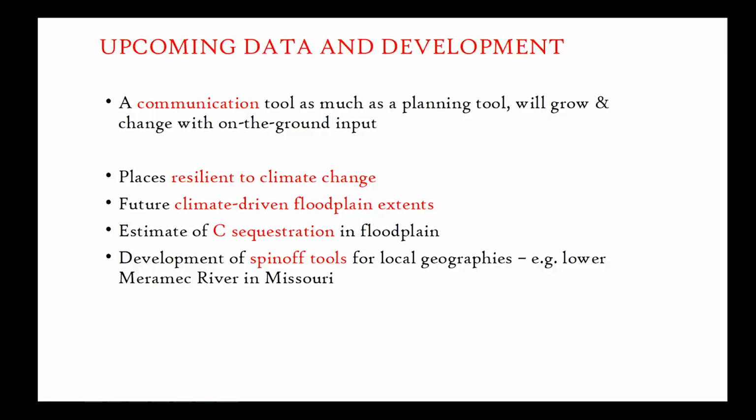So in the immediate future, we're expecting to see some cool new data sets, especially to further flesh out this climate dimension of the tool. The Nature Conservancy has done a ton of work to identify lands that we expect to be especially resilient to climate change. That lets us flag places that are more future-proof.